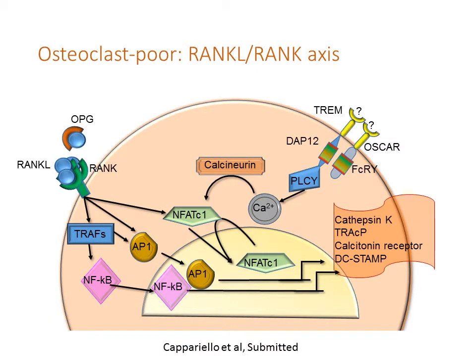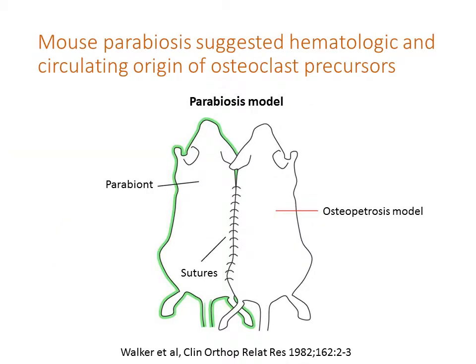The osteoclast-poor osteopetrosis has been instead important for the discovery of the RANK ligand-RANK axis along with osteoprotegerin, that is a RANK ligand decoy receptor that prevents osteoclastogenesis.